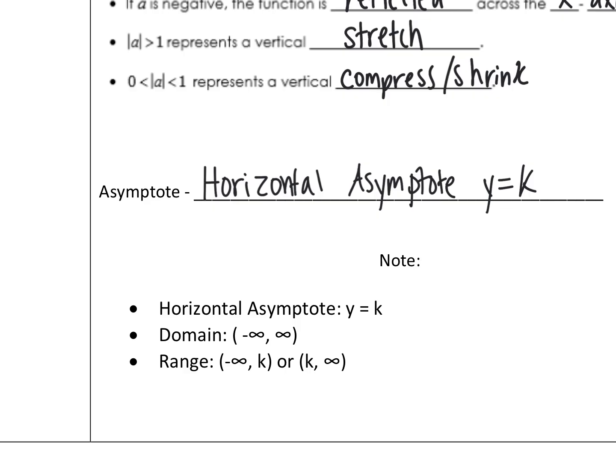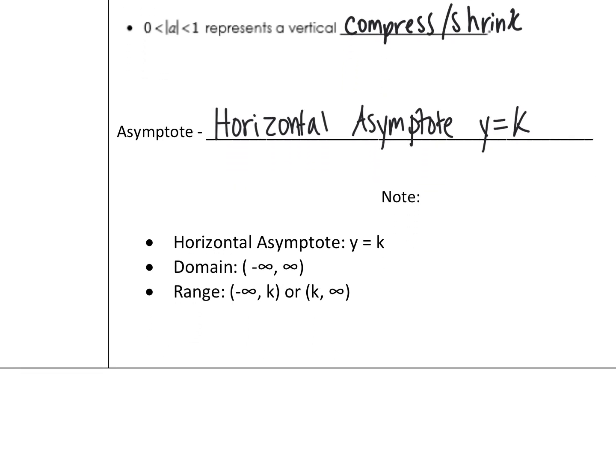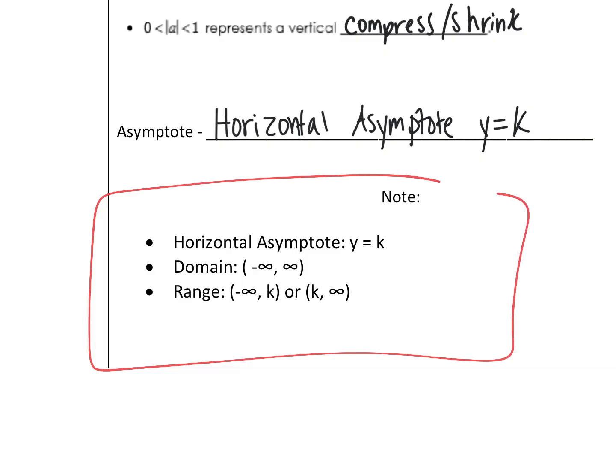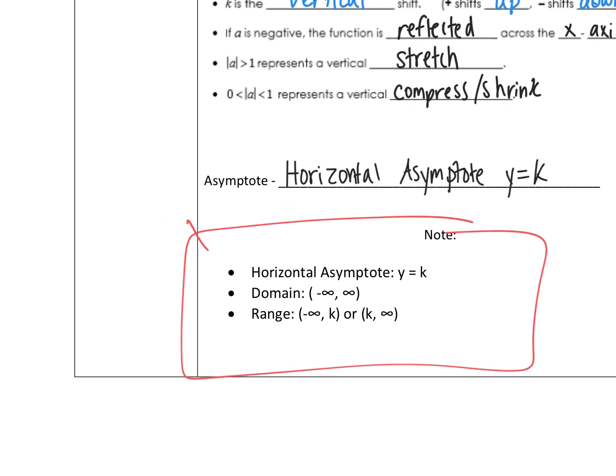If I were you, I would box this in and write the word exponential right here. When I am doing my studying later for this unit, this is something that just needs to be in my brain. So once again, all of these exponentials have a horizontal asymptote at y equals k.